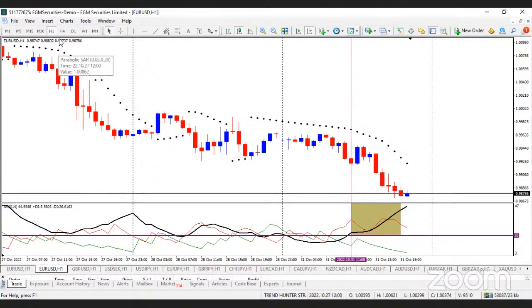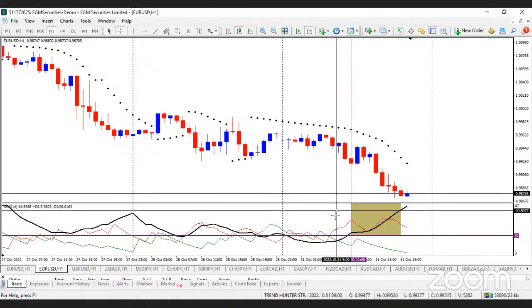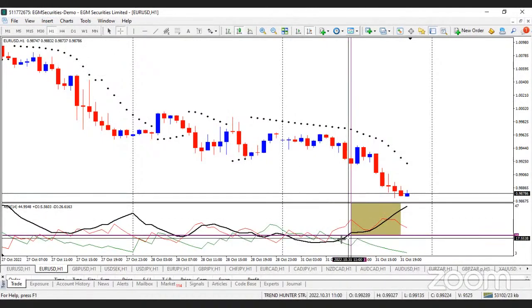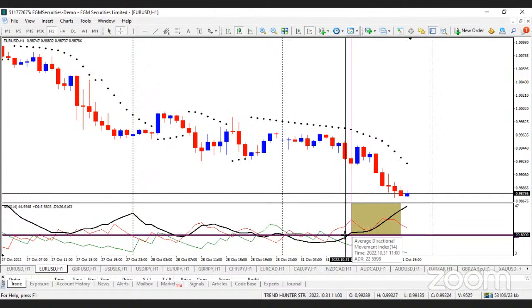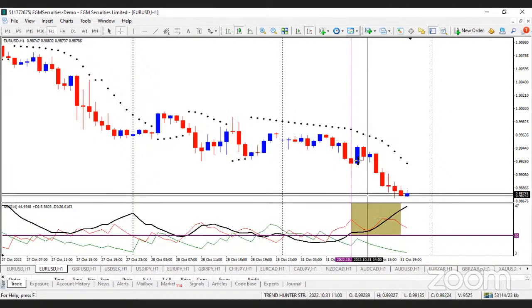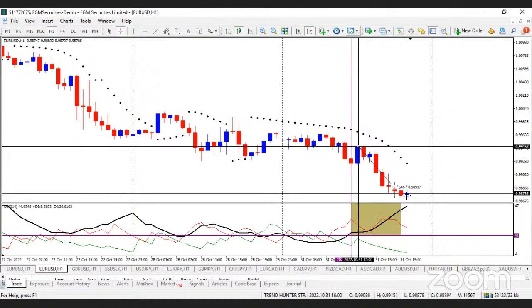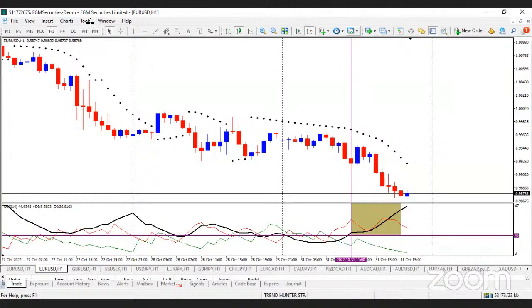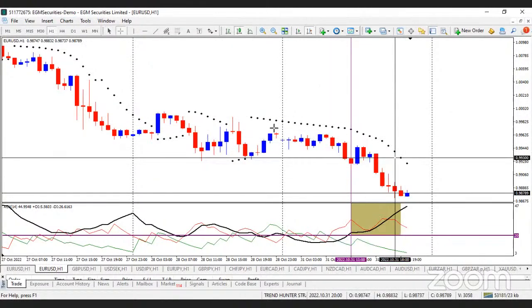From 11 a.m., when ADX continued to rise above 20, there was significant momentum. Up to now, price has been declining by around 70 pips. So what I do, I check the bias of the market.